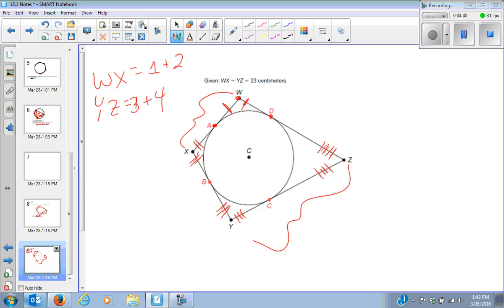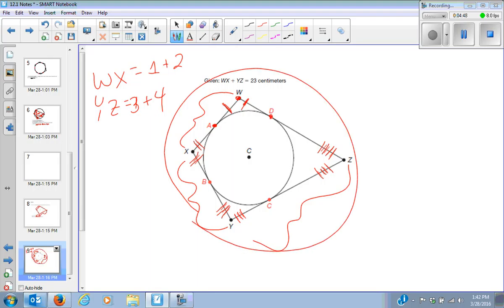Well, they asked me for the perimeter, which is all of those sides added together. When I look at YX, it is a 3 tick mark plus a 2 tick mark. But notice right here, for this part and this part, I have a 1, 2, 3, and a 4 added together.